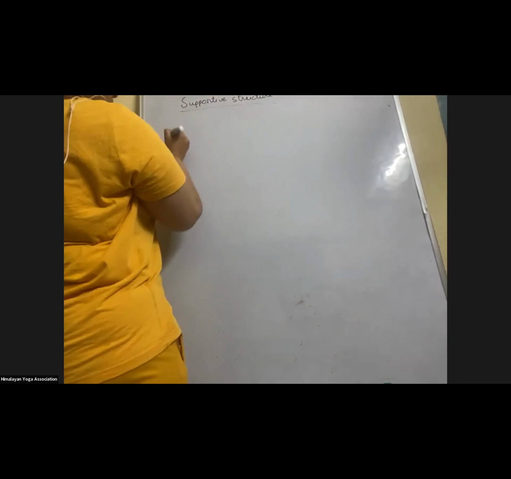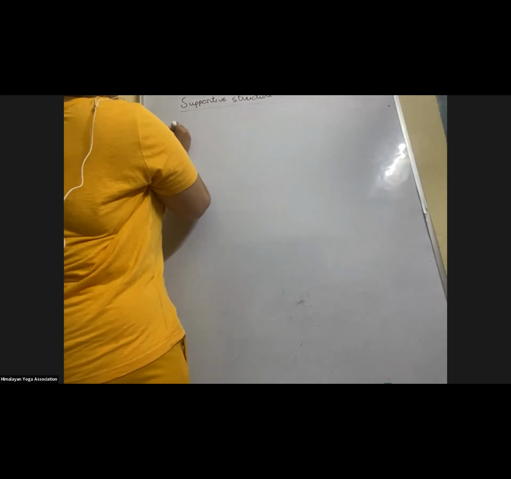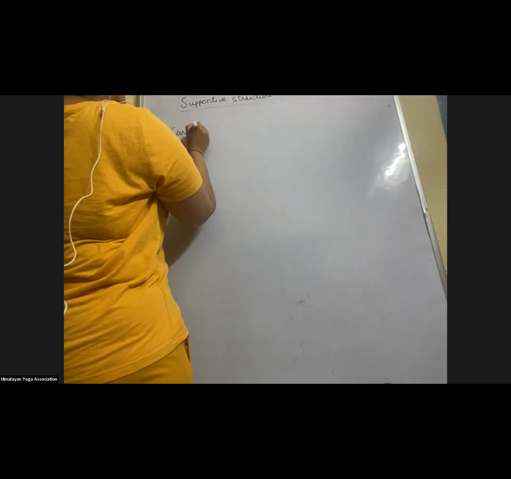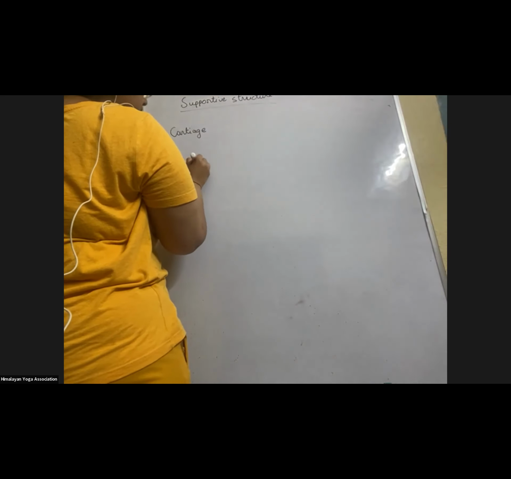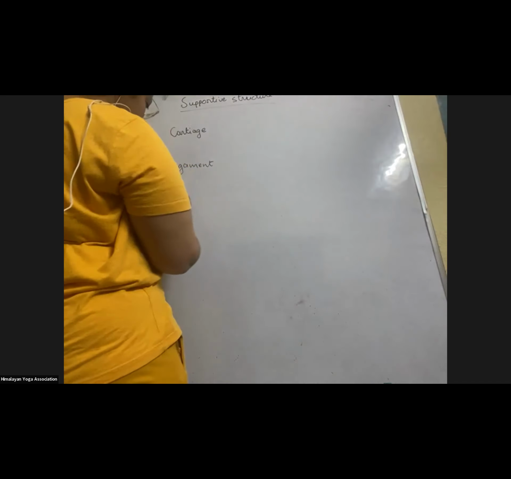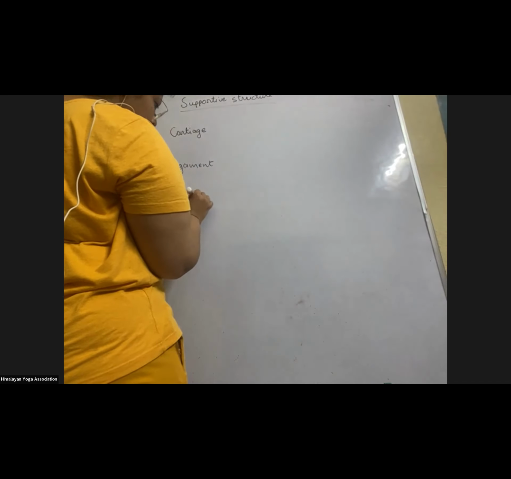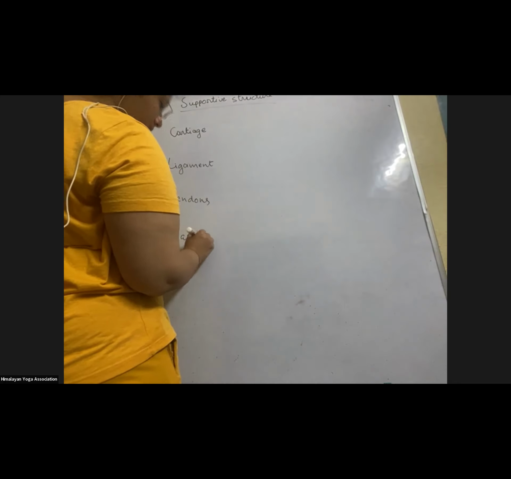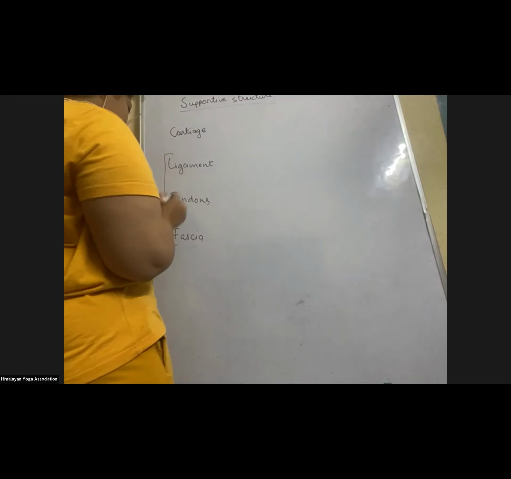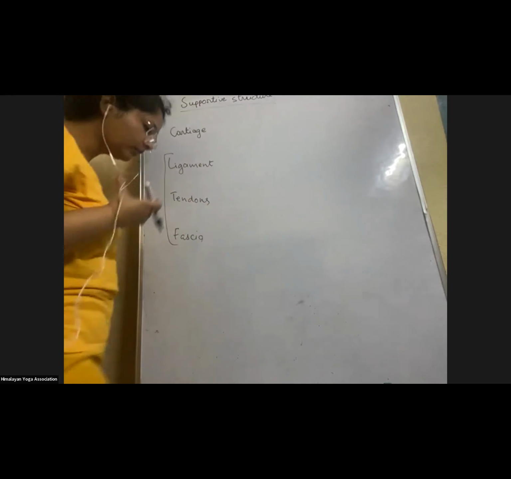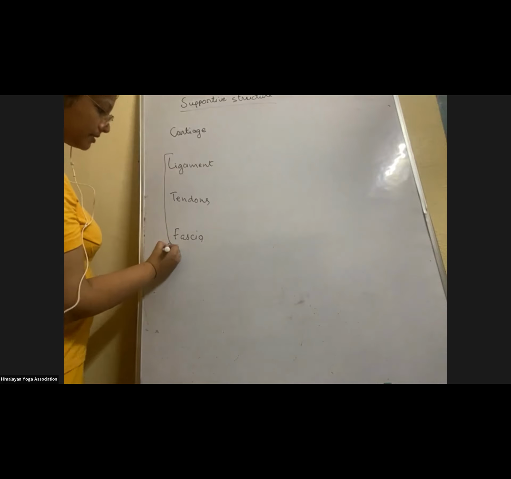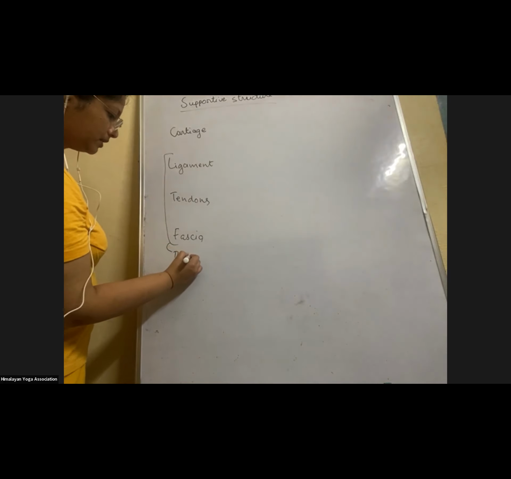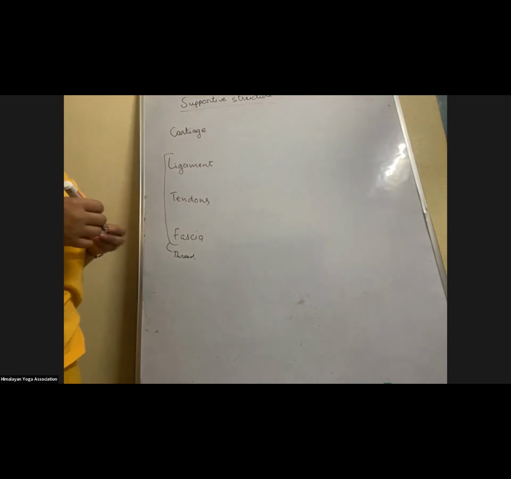In supportive structures, we study cartilage, ligament, tendons, and fascia. These are basically like threads. We have threads, buttons, safety pins. These are those structures.